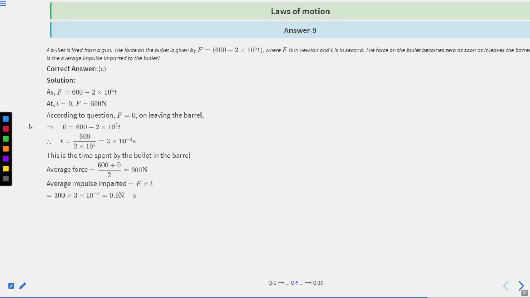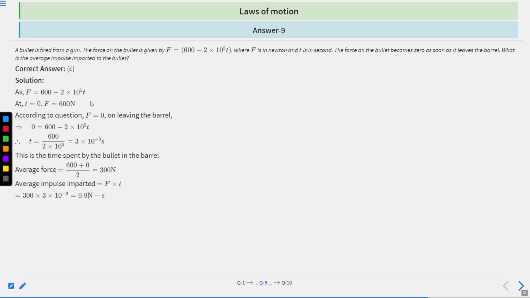Let's find a solution. This is the given force. Putting all the given quantities in this force at T equal to 0, the force is equal to 600 Newton. According to the question, F equals 0 on leaving the barrel. Putting all the numerical terms in this part, T will be 3 into 10 raised to the power minus 3 seconds.